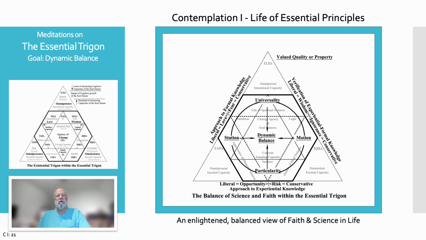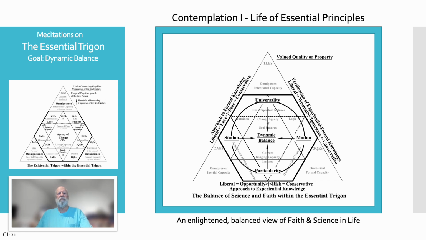At the base of the focus of instinctive innate capacity, in response to the perception of existential risk and opportunity, is an approach to experiential knowledge that is liberal in its outlook for increasing opportunity and conservative for decreasing risk toward life in the field of the natural and community environment.